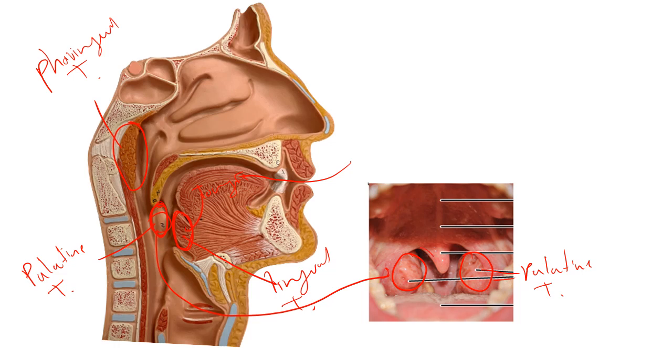We have this portion which is called the uvula, but you don't need to know it at this point. The pharyngeal tonsil, if we look at the patient here, will be behind the uvula in the wall of the pharynx, so it will be behind here. And the lingual tonsil will be more down, behind here, the tongue. This will be the tongue.